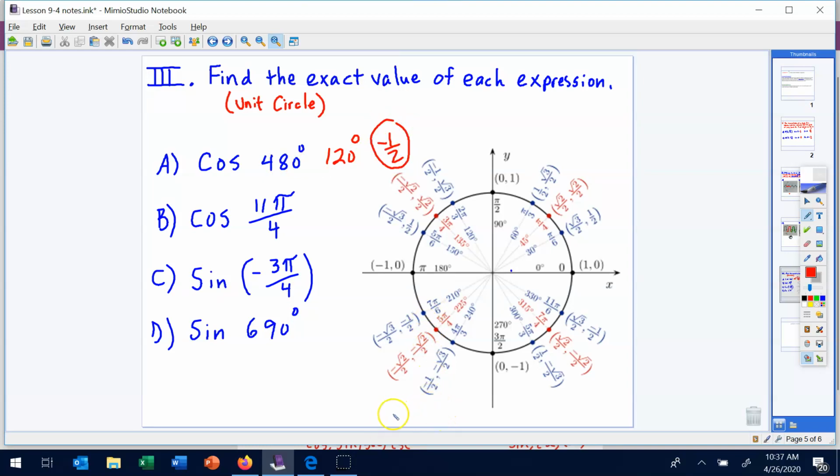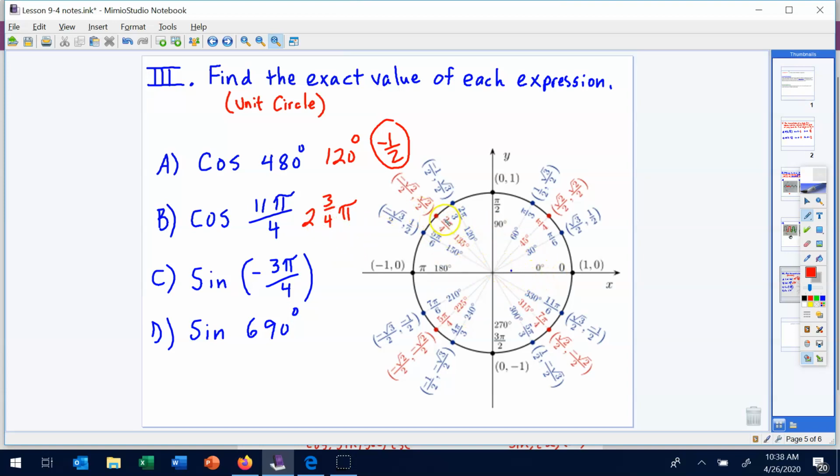All right, easy enough. Okay, so let's take a look at letter B. This angle is in radians. Sometimes it's helpful to make this a little more sensible by changing it into a mixed number. So 11 pi over 4 would be the same thing as 2 3/4 pi. Well, remember, 2 pi is all the way around.